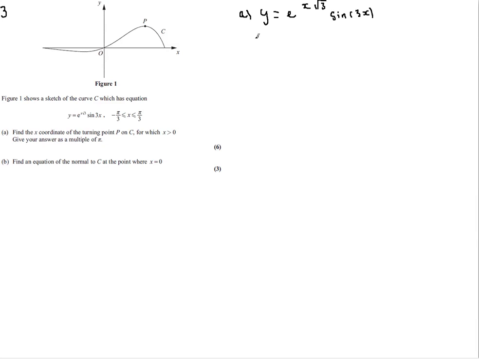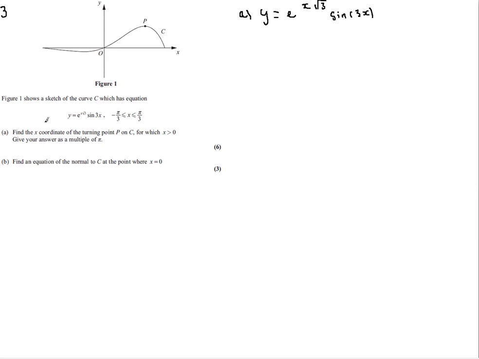And welcome back. This is question 3 of the June 2012 paper C3, and we're going to start with part A. We're given a graph in figure 1, which shows a sketch of the curve with this equation: y equals e to the x root 3 times sine 3x, and it's given us the domain of the curve.